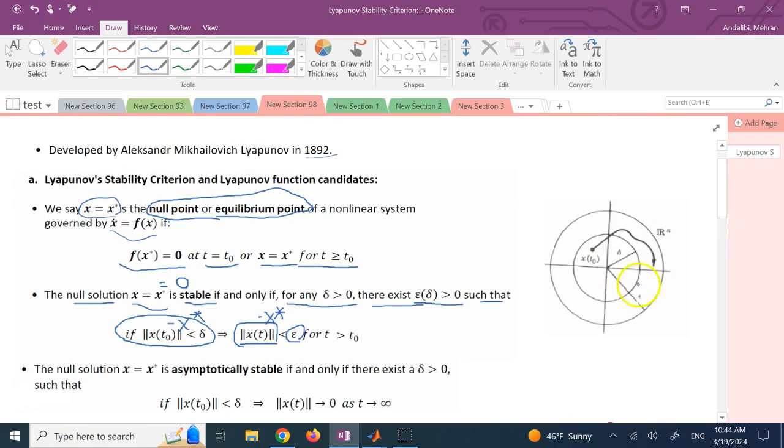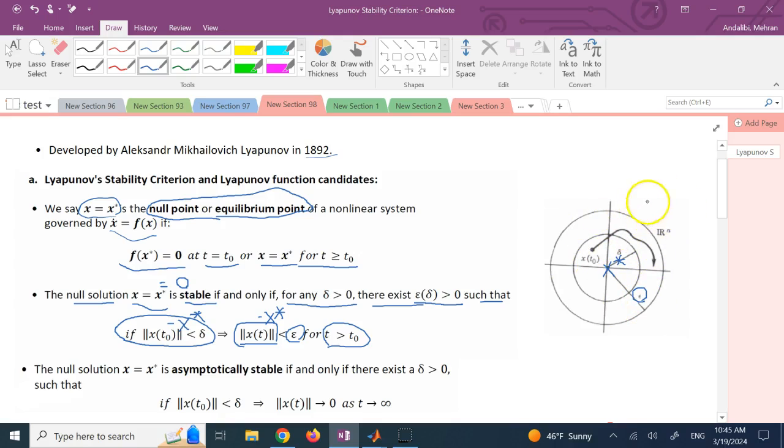It means if I start within a delta radius of this equilibrium point here, which is x star, you see here I started my initial state inside the circle, then I can be assured that for any time after that, the state of the system, which is basically any point on this state trajectory, would be inside this circle with radius epsilon and will never exit it.